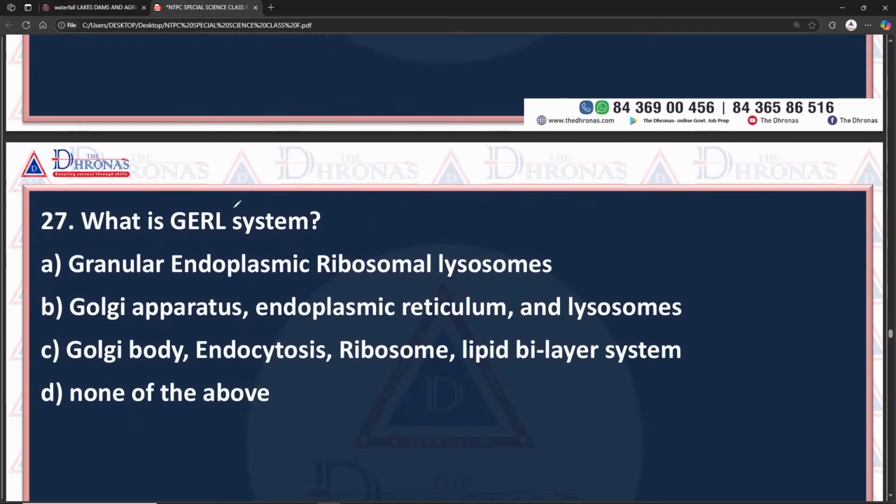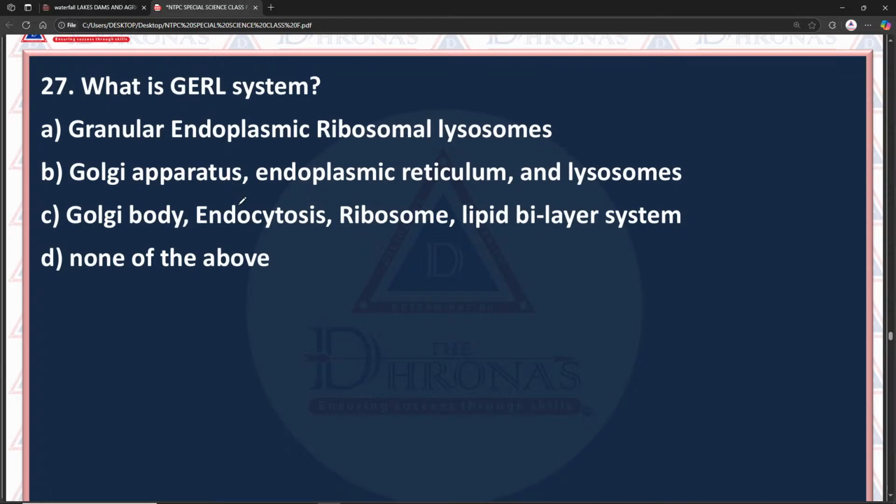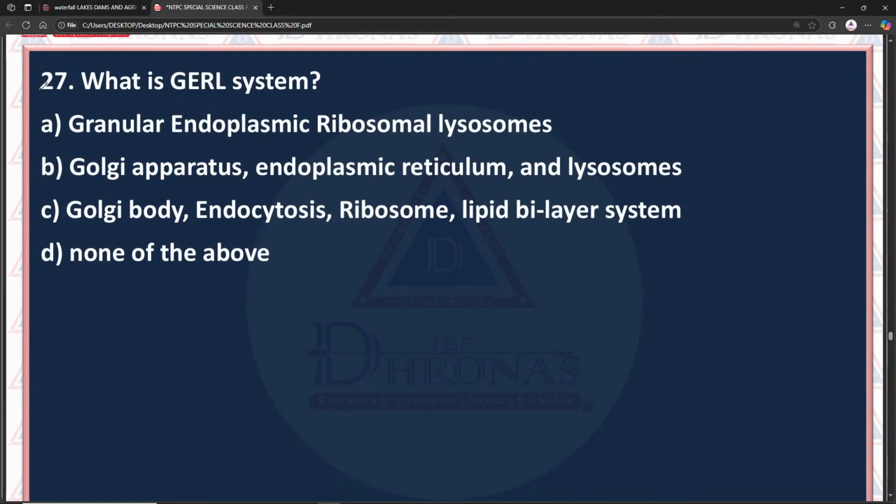Now next is 27. Here come the biology questions. What is the GERL system? It is related to the cell. Can you guess? B, correct.